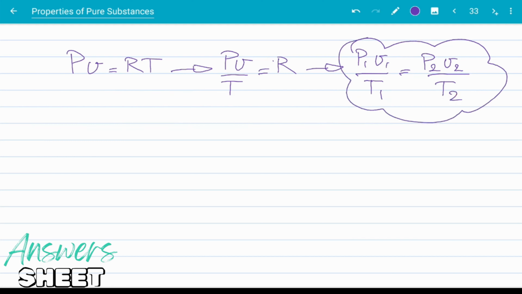This is a very important conclusion. For the same gas in the same system, we can always use this equation to relate the different properties of the gas at state 1 to state 2. We can write this equation in other forms as well. We can rewrite it in the form of P1 times the actual volume 1. This one was the specific volume, whereas this one is the volume.